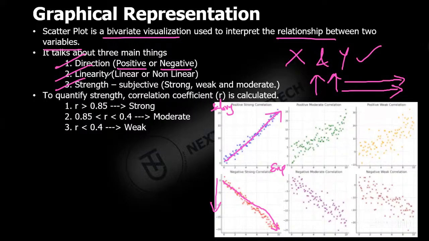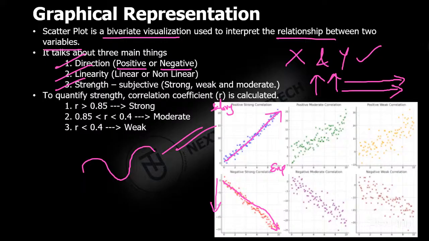Next to direction, we have linearity. The scatter that you see between the variables, is it linear or do you find any non-linear curves? That can be understood by visualizing the scatter plot.